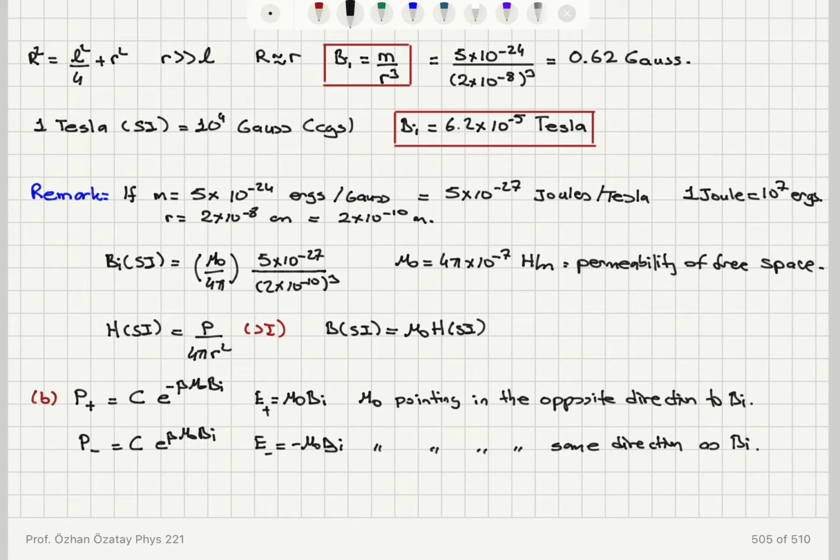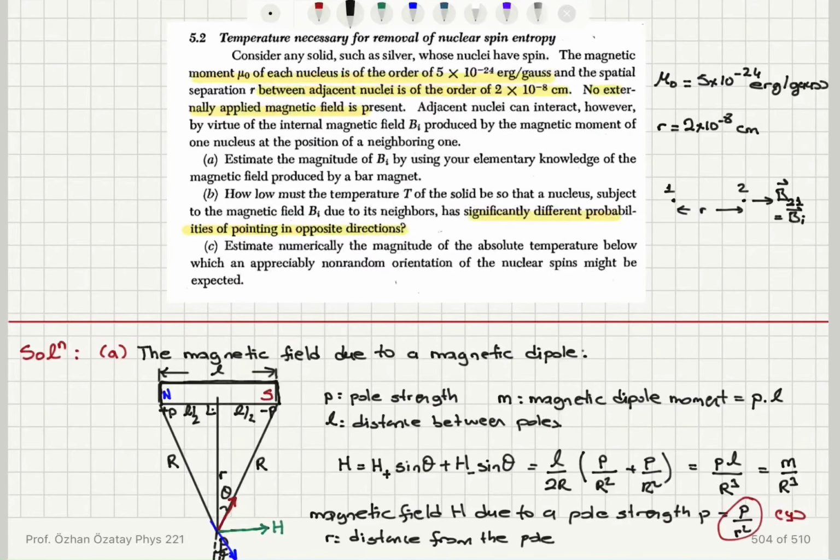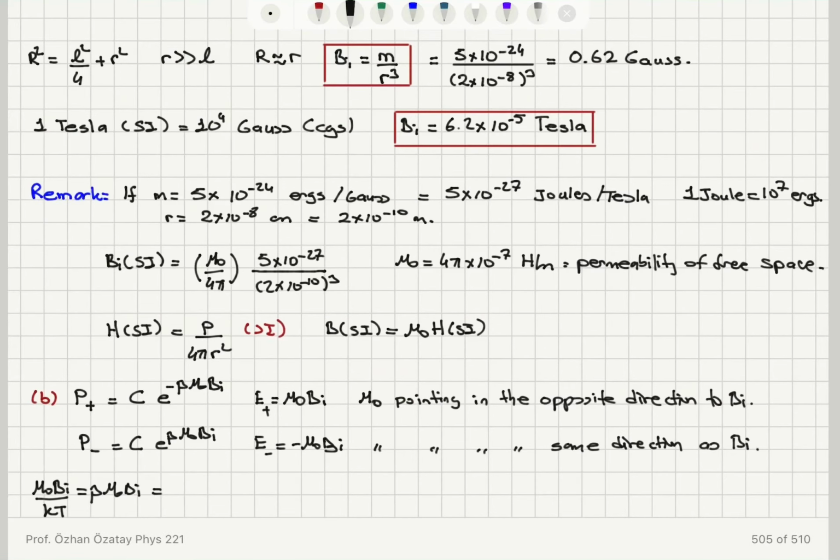Okay, and I noticed that mu 0 times B internal divided by kT, this is beta times mu 0 B internal. If you look at this number, mu 0, 5 times 10 to minus 24 ergs per Gauss, and then I have converted it to SI units.